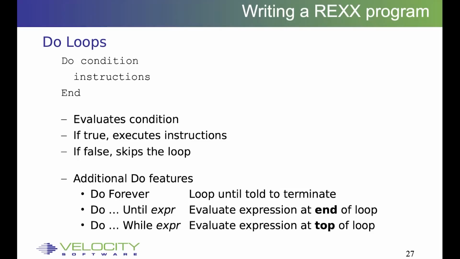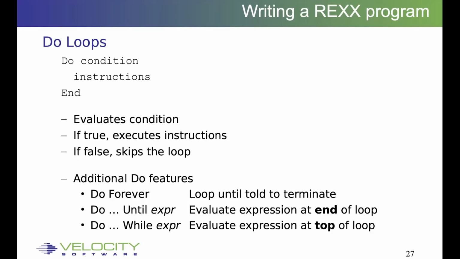Additionally, there is a do forever capability that allows you to execute the loop until it is told to terminate. If there is no termination of the loop, then your virtual machine is pretty much stuck, and you have to use the halt execution function or re-IPL your virtual machine.